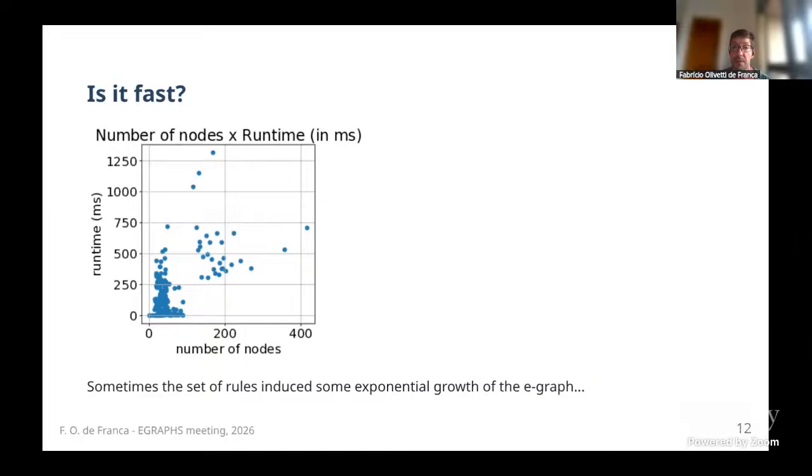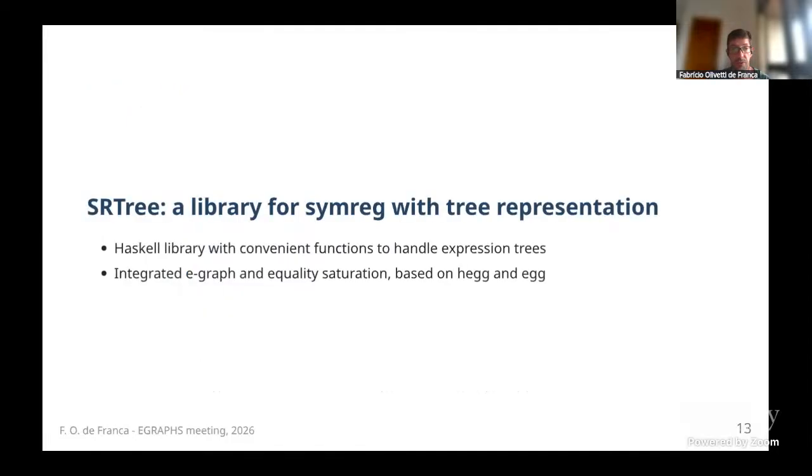And this took a little bit of our time because we had to try to find solutions to this problem. And that led me to implement this library here, SR3, a Haskell library for symbolic regression with tree representation. So it's a library composed of many convenient functions and data structures to handle expression trees and create symbolic regression algorithms.